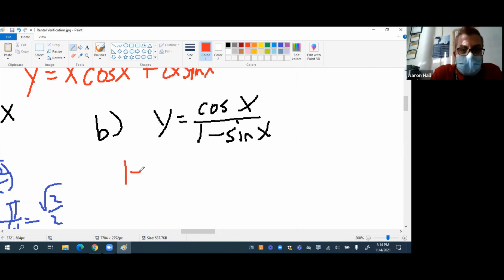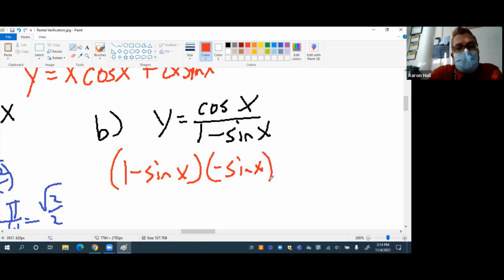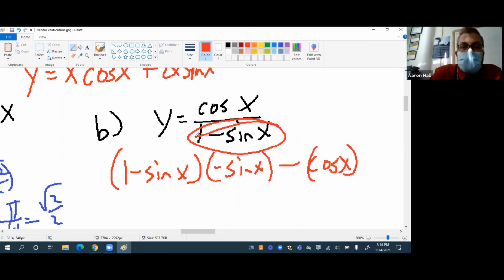Low, d high, minus high, d low. What's the derivative of this?